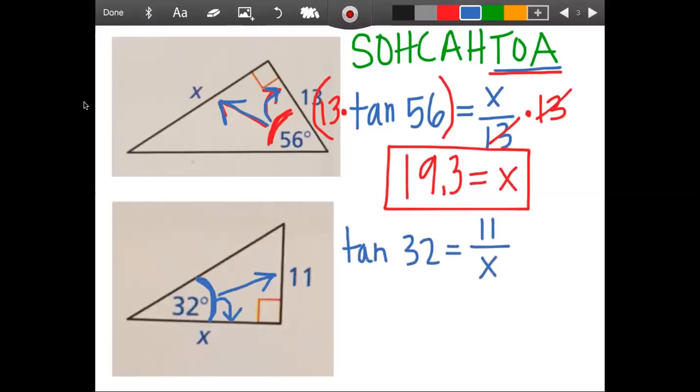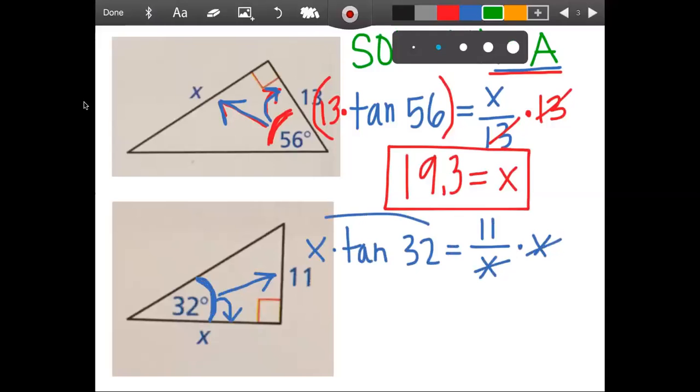Now, when you have an x or the variable in the denominator, here's the long way. You multiply by x, we multiply by x, because we've got to get it out of the denominator. That got rid of that, but now let's look at the left side. Now x is being multiplied by tangent 32.